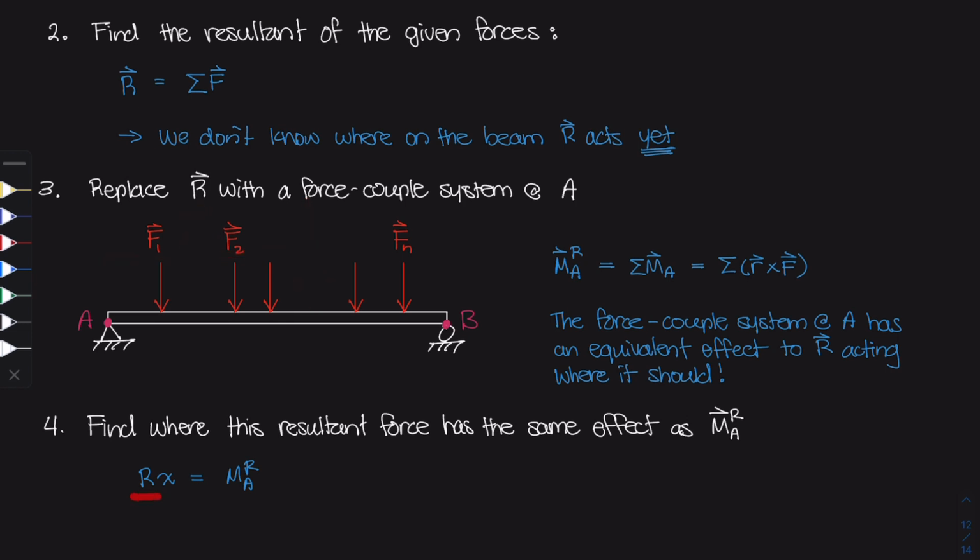So force times distance equals moment. We have M_A^R. It's going to be this force right here. We know that R has some value, which we calculated up here. All we need to do is plug in those two values, divide by R, and we get x, which is the distance from point A to that resultant force. And that's effectively all the statics and math that we need to know for this problem.